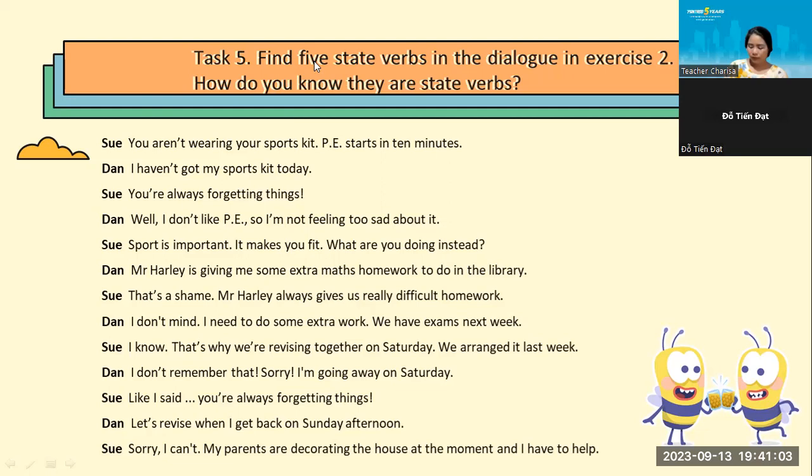Oh well, I don't like PE, so I'm not feeling too sad about it. Mr. Harley is giving me some extra math homework today in the library.